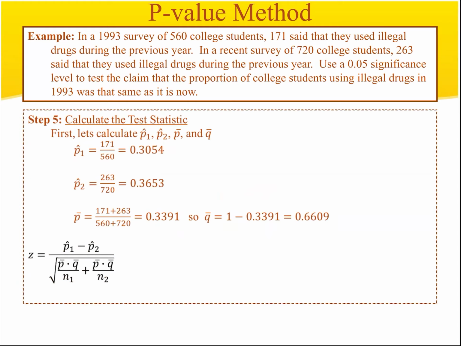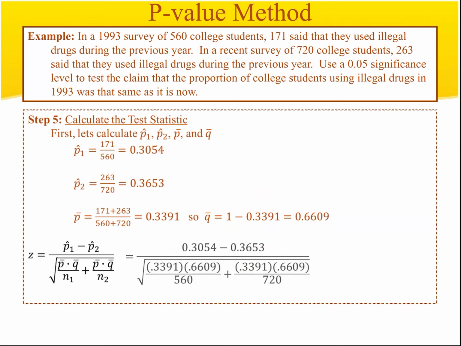P bar is the total of the successes, so 171 plus 263 over the total sampled, so 560 plus 720, you get 0.3391. That means Q bar, its complement, is 0.6609. Plugging all that in along with N1 and N2 being 560 from 1993 and 720 from recently, we get a Z test statistic of negative 2.25.